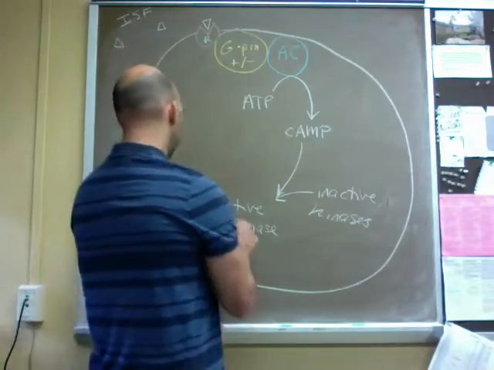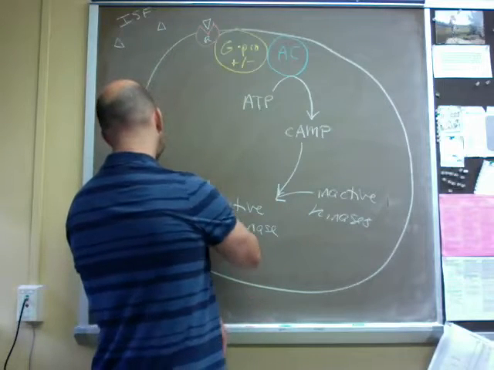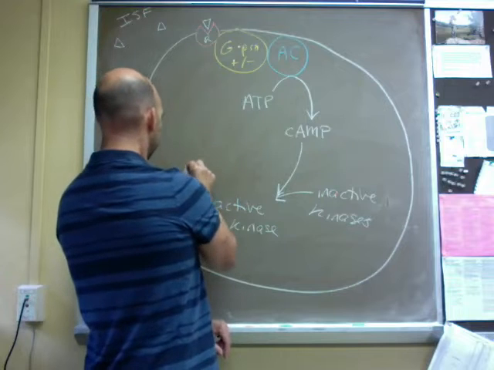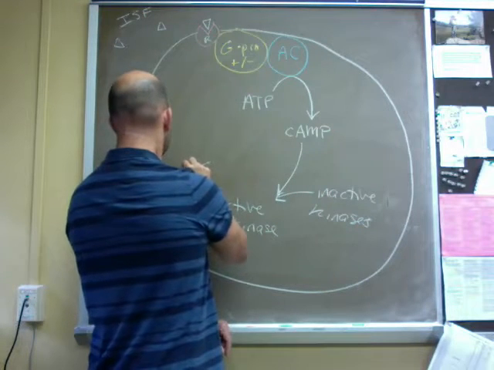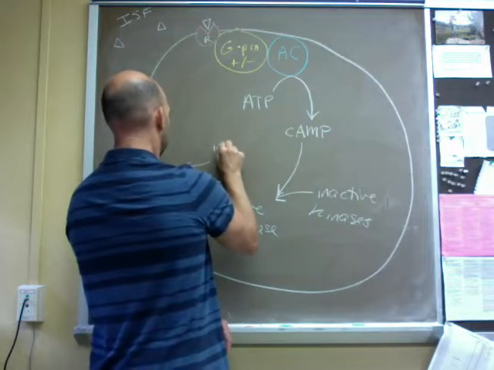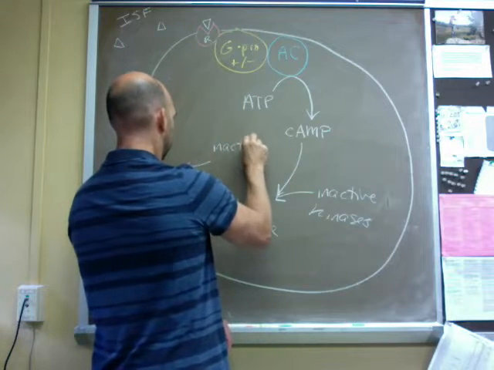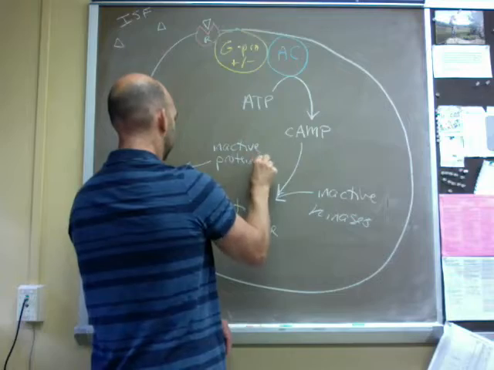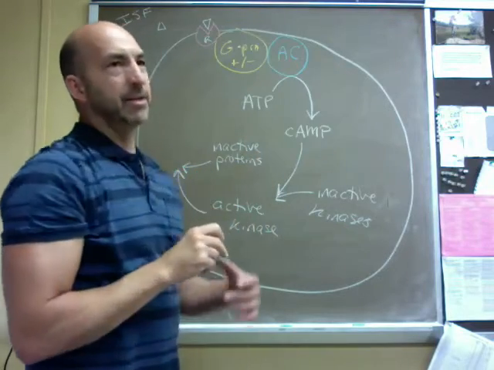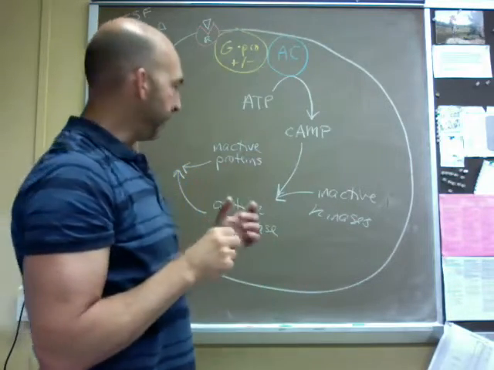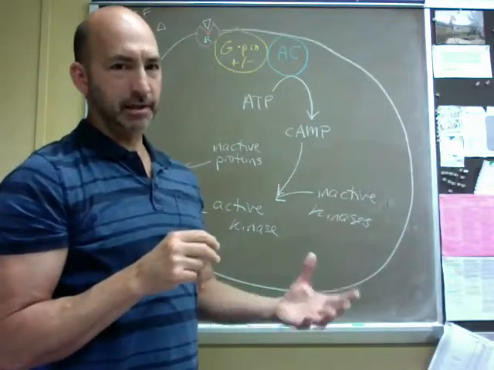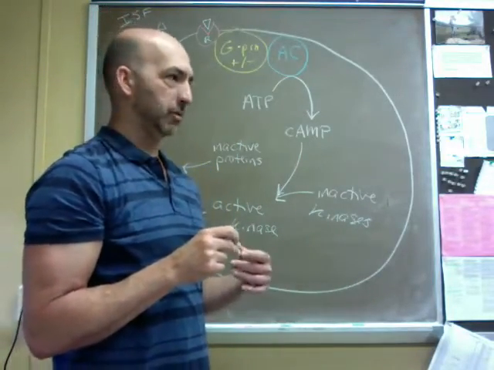So we have an active kinase, and we have, let's do this, inactive proteins, right? And again, there are scenarios where phosphorylation does inactivate a protein instead of activate it, but that's the exception.